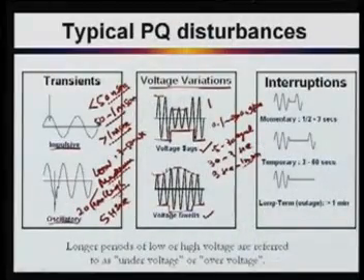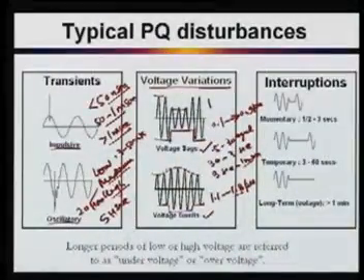Another is your swell. Swell here means your voltage is increased from 1.1 to 1.8 per unit, and it is known as voltage swell, meaning voltage increase. Again, this is classified into three categories. One is instantaneous, which is from 0.5 to 30 cycles.